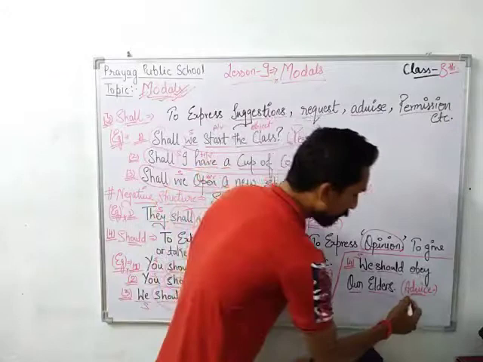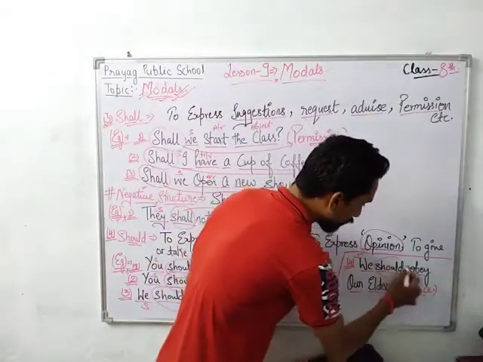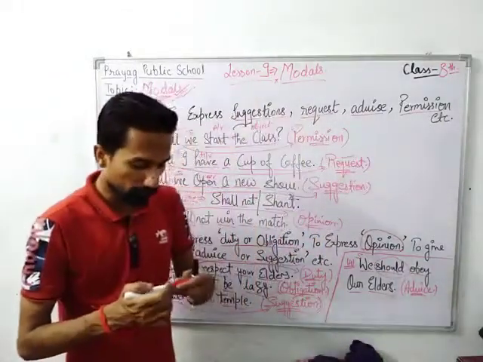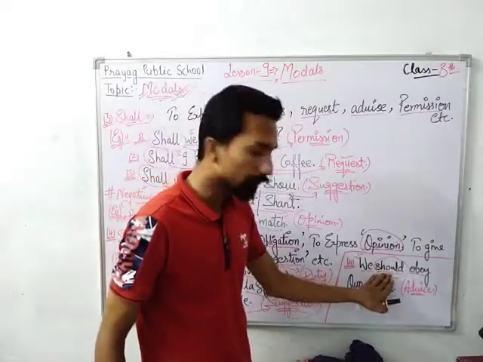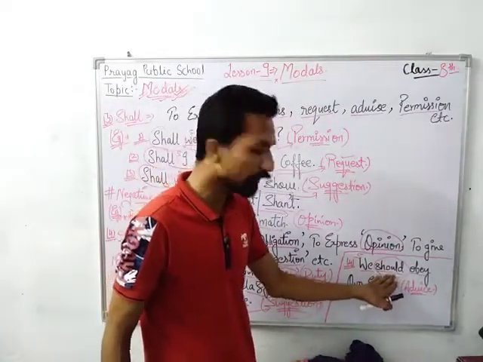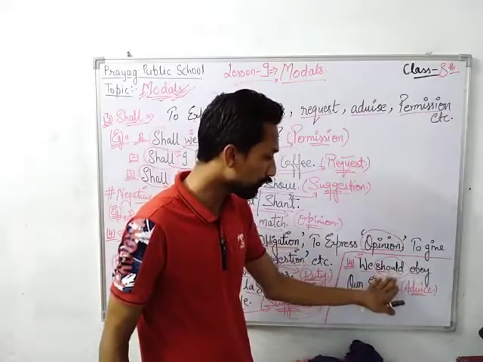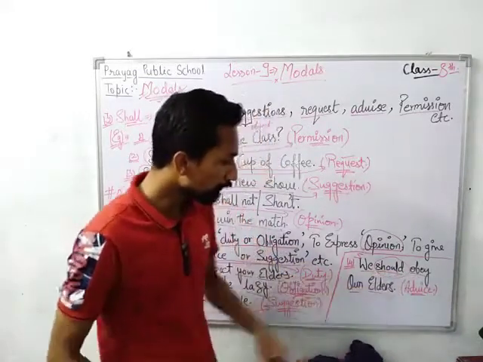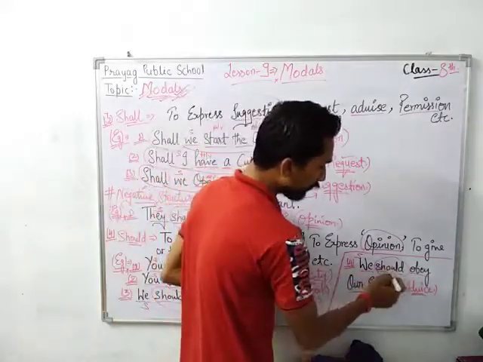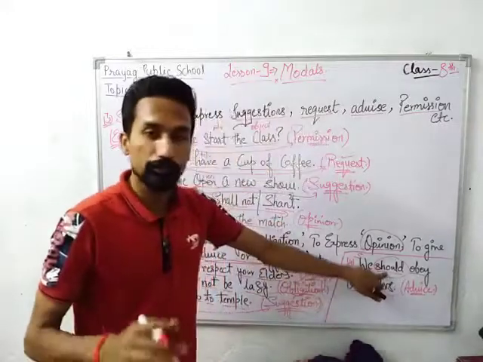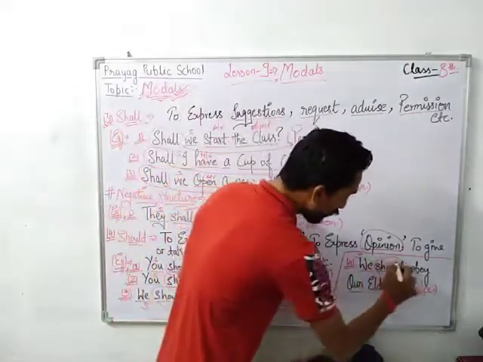Again this should is expressing the mood of the speaker. What the speaker wants to say, that mood of the speaker is getting expressed by the word should. In what sense?